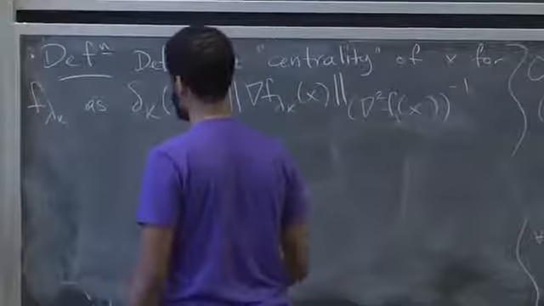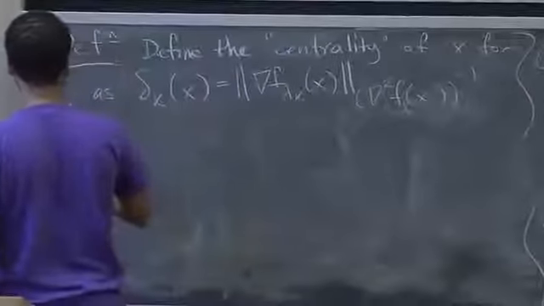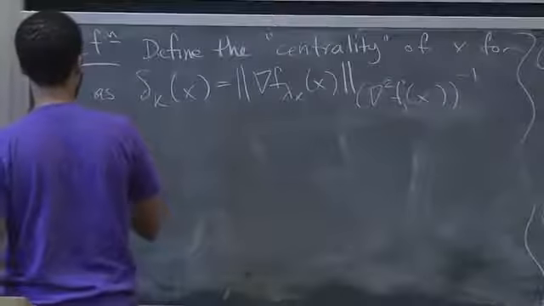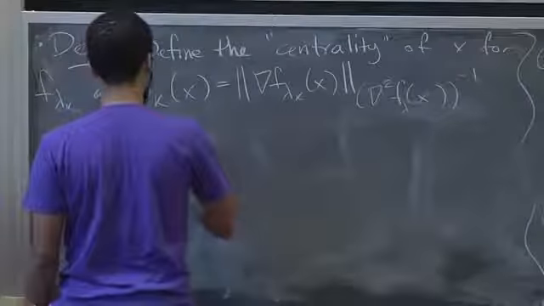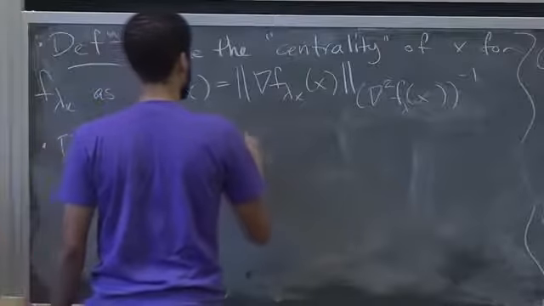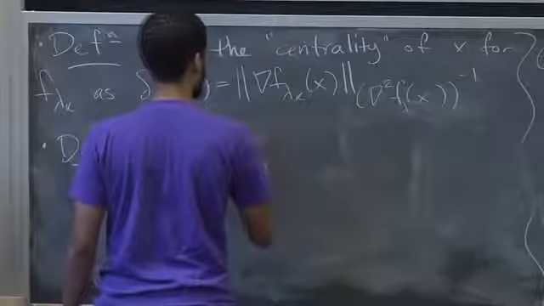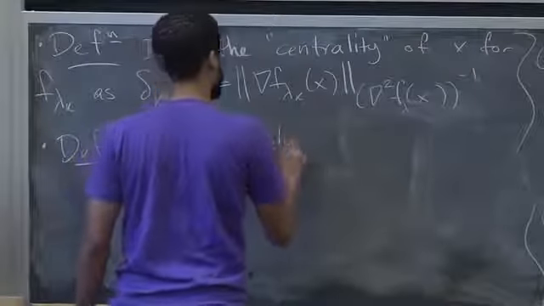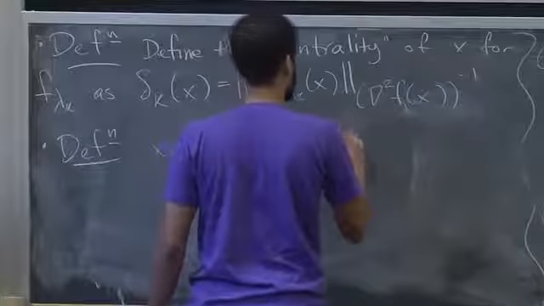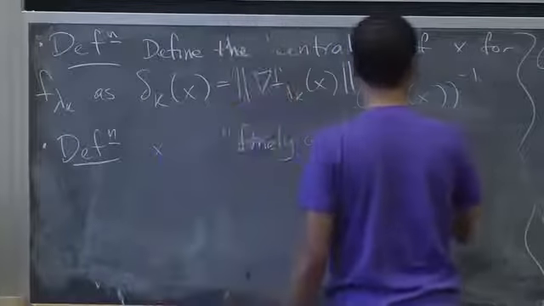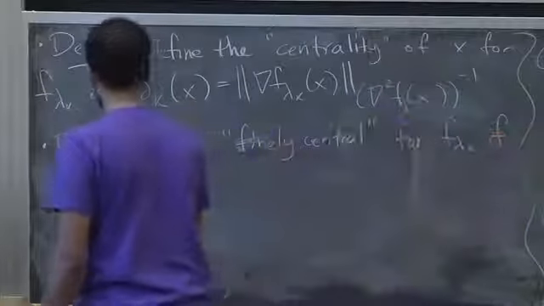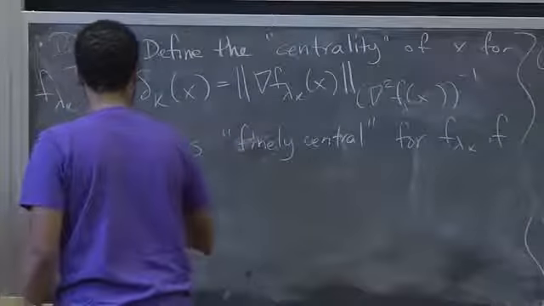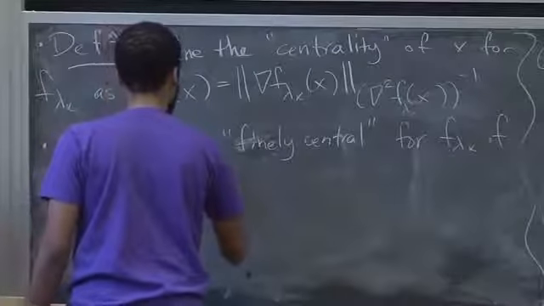Let me make two more definitions. Definition. x is finely central for f lambda k if delta k of x is at most 1 over 100.